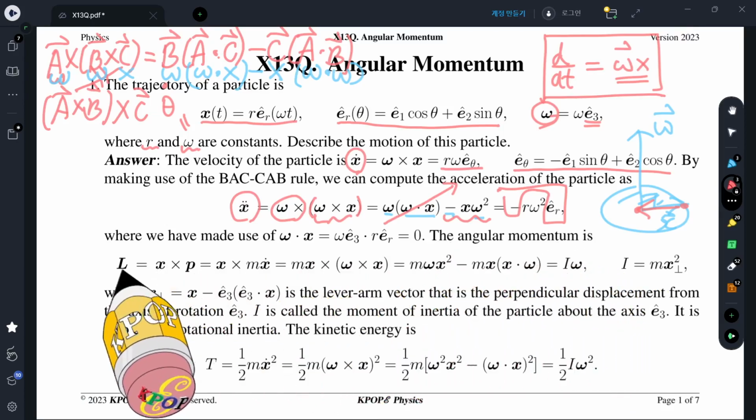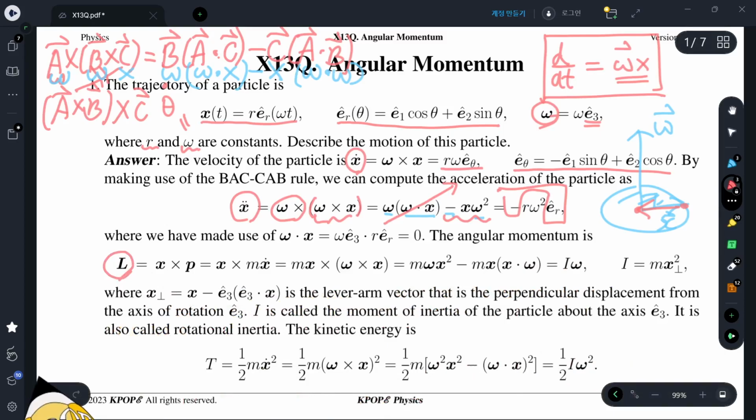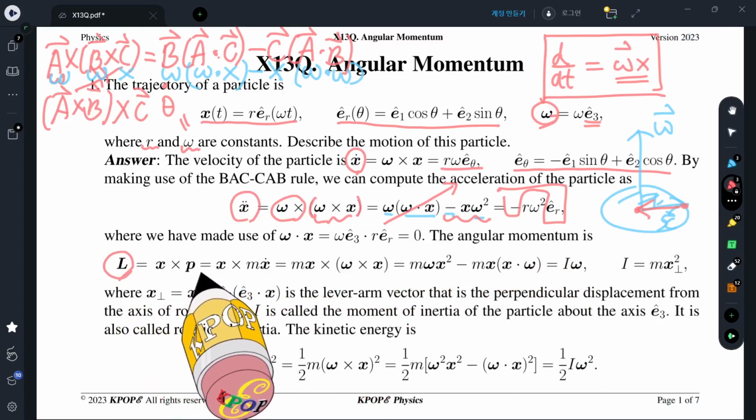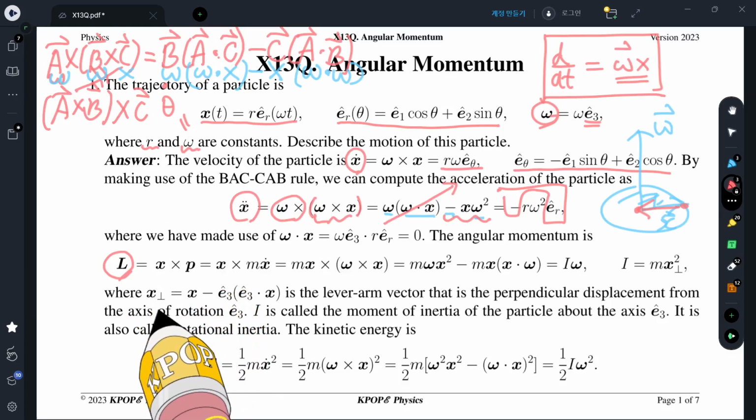Orbital angular momentum is x cross p. And what is p? Linear momentum.